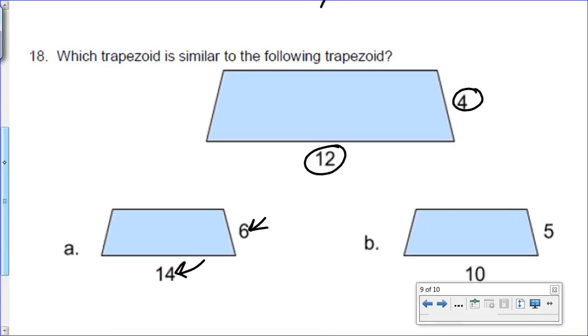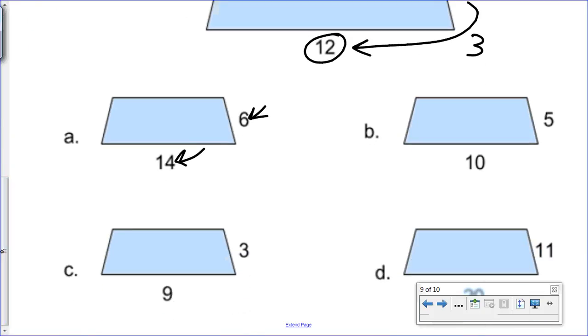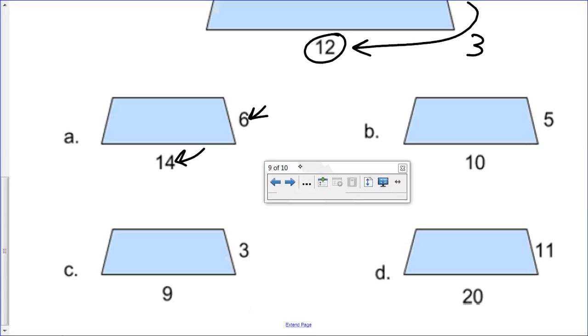Or another way you can look at it is this number goes into this number a certain amount of times. Looks like 3 times. That defines the relationship as well. So is there one of these trapezoids that has that sort of relationship? Okay, so that's what you're looking for.